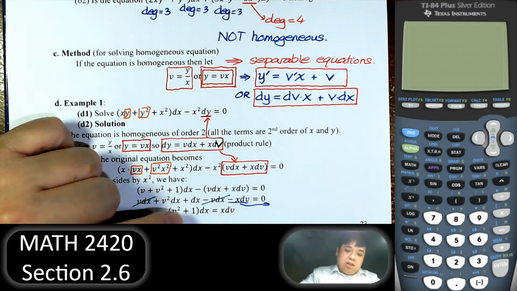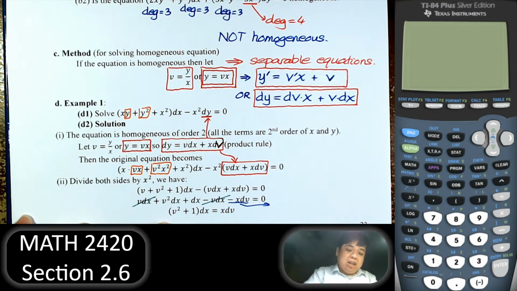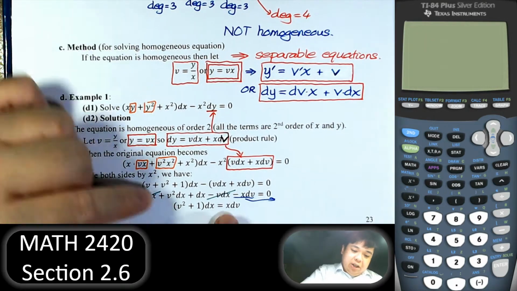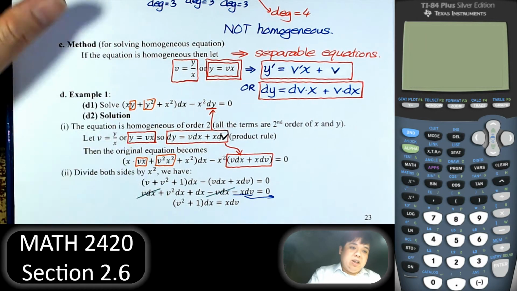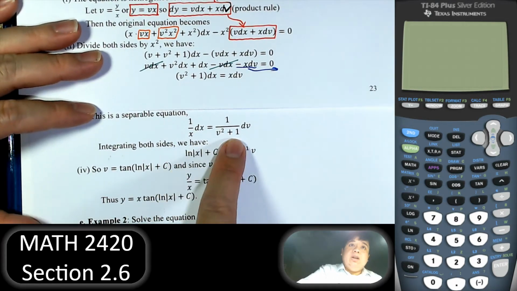So this is not quite a separable equation yet, but if I divide by x on this side and divide by v squared plus 1 on the other side, we have a separable equation, right? Move the x divide to the left and v squared plus 1 to the right. We end up with this separable equation.